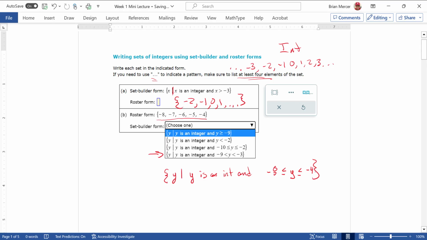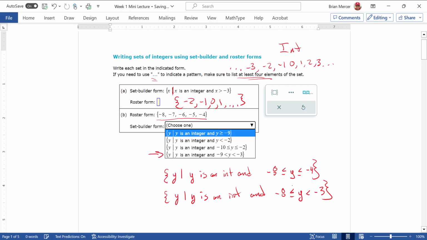So that would also work. And I'm not trying to be silly, but you could write another one. You could say y such that y is an integer, and you could write -8 less than or equal to y less than -3.